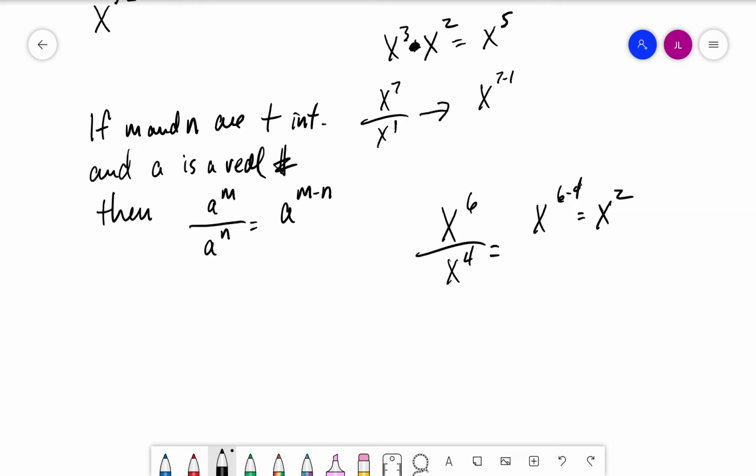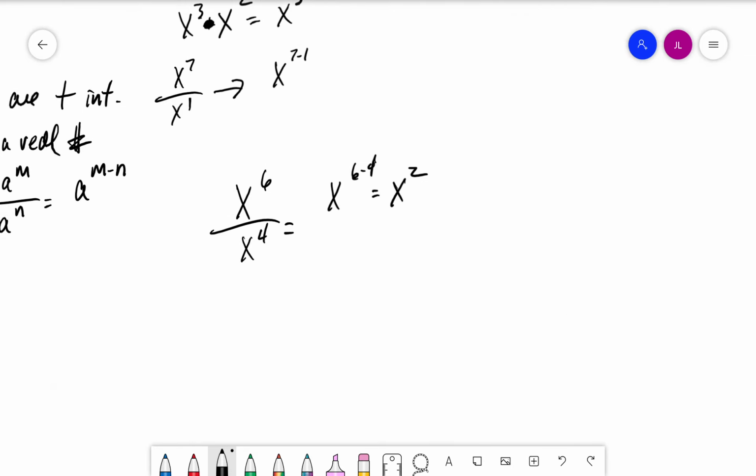So basically, and I'm going to talk in non-mathematical terms here, if we want to bring this x to the 4th up from the denominator, we can do that. It becomes x to the negative 4th.